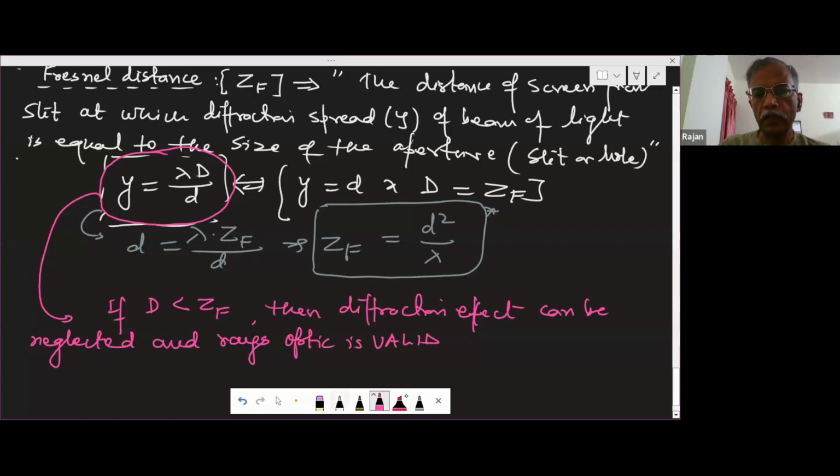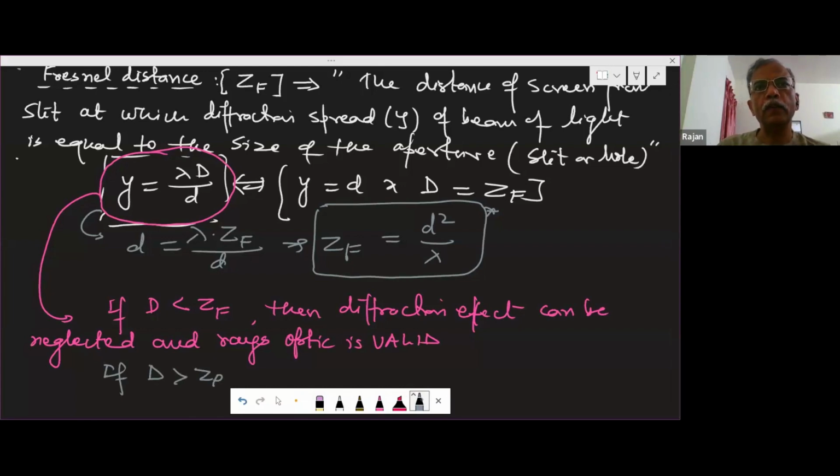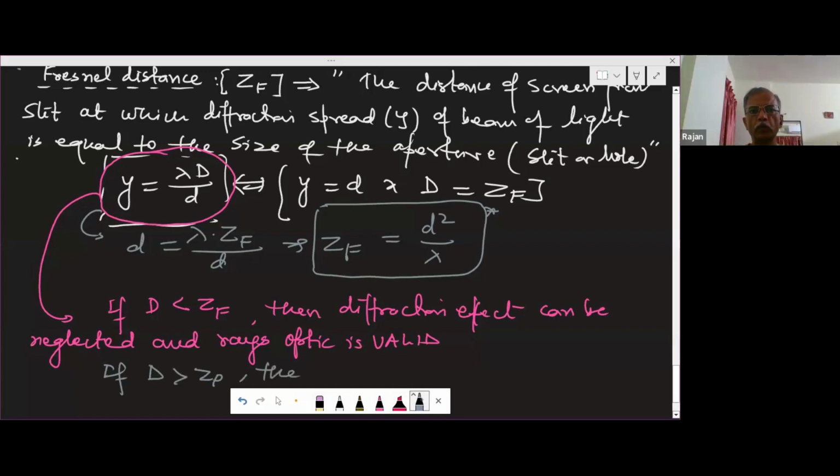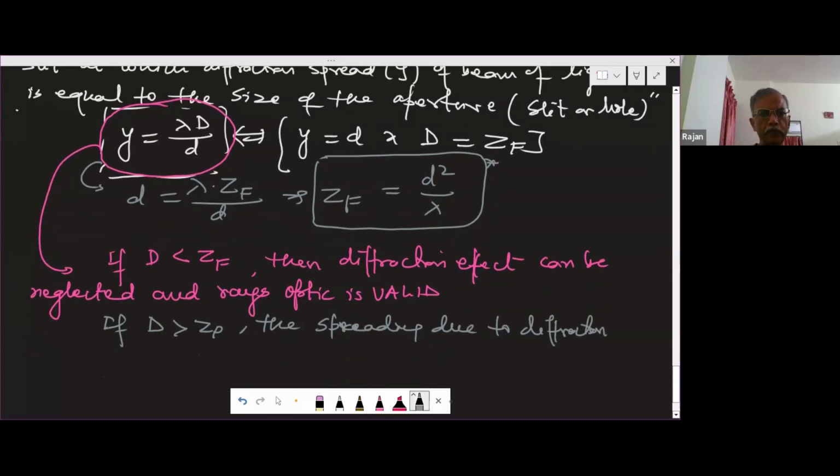And now the other way, if D is greater than ZF, then appreciable diffraction can be seen, right? So the spreading due to diffraction will be appreciable, very pronounced.